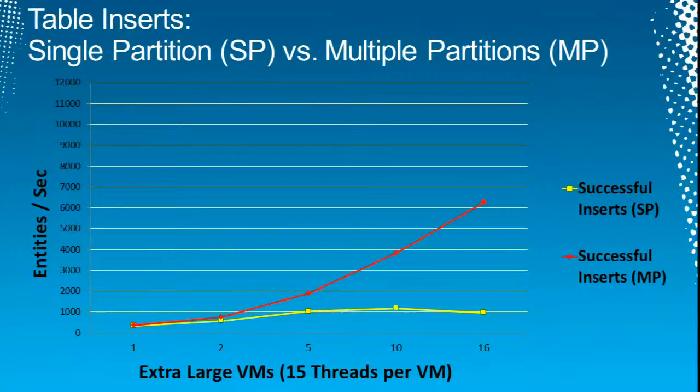I've used multiple extra large VMs so that I have the full compute power to send requests to Azure table. I keep increasing the number of VMs, and this is what happens. For a single partition, I start at around 300-400 on a single VM. When I increase more VMs to send more requests, I can get up to 1,000. But I set a single partition limit at 500.